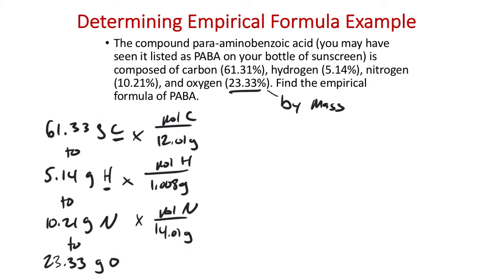So it's 1.008 grams per mole of hydrogen, nitrogen's 14.01, oxygen 16.00. Now, I could do one of two things here. I could stop and calculate, which you can see I'm going to do since I wrote a bunch of equal signs, or I could have gone to atoms. I could use Avogadro's number and multiply all of these by Avogadro's number and go to the atoms of each, so I can think of the ratio of the atoms.